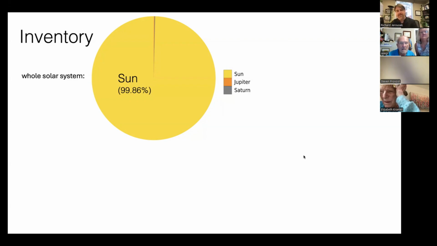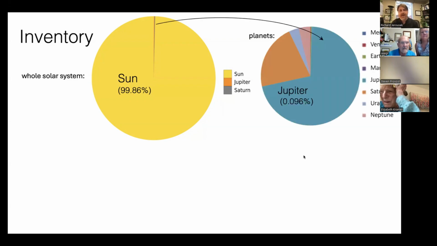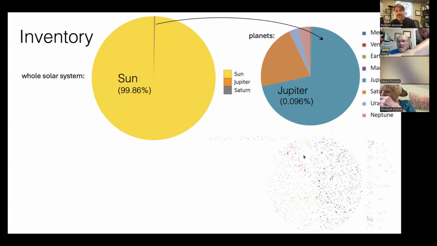So let's zoom into that little pie piece, and we see that nearly 3/4 of what remains, 0.01% of the solar system, is Jupiter. Saturn's a small portion, and then that tiny little wedge up at the top represents the rocky, metallic, icy, solid bodies in our solar system.